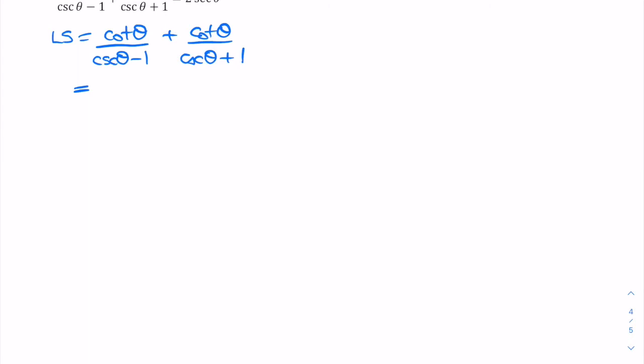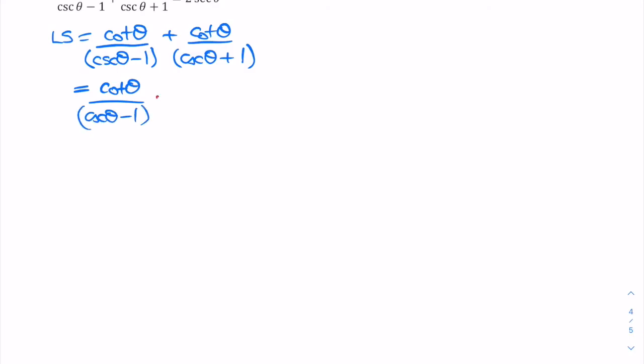So I'm going to put brackets around the expressions in the denominator like so. And we need to multiply each fraction by what it's missing in order to have a common denominator, which will allow us to add the fractions. So let's do that. This is equal to cotangent theta over cosecant theta minus 1.